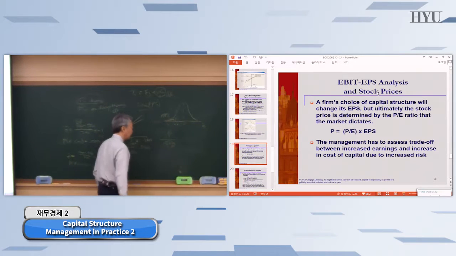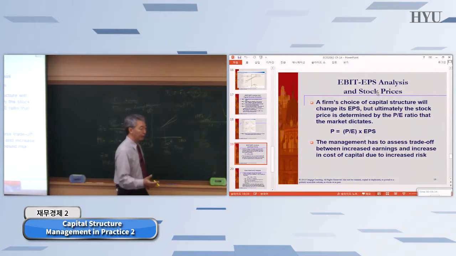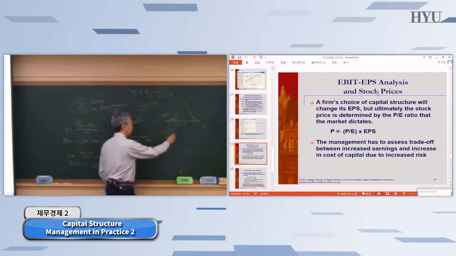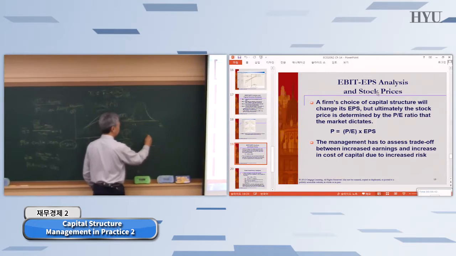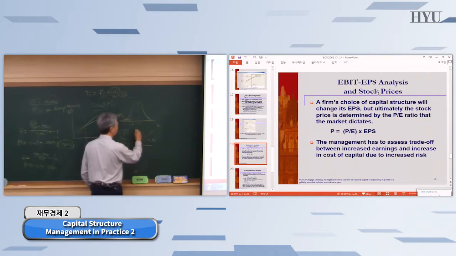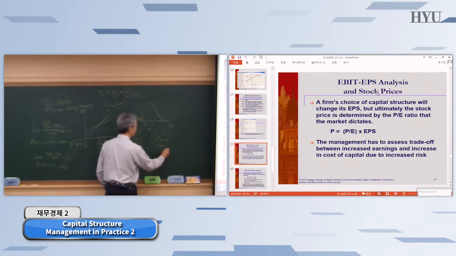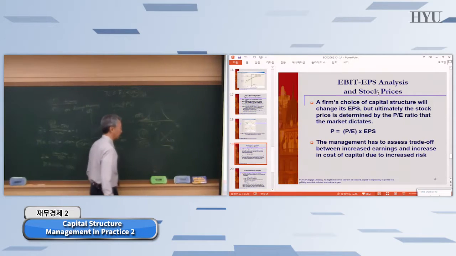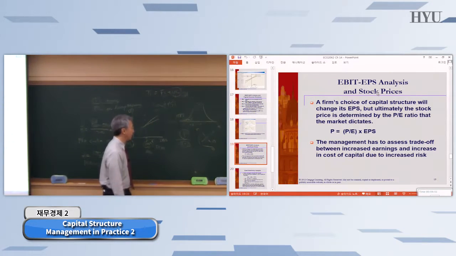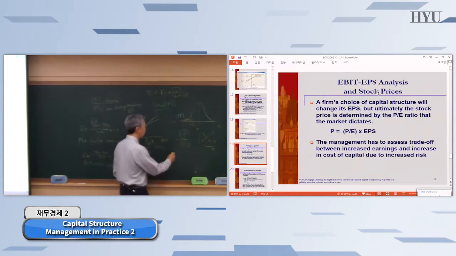EPS is determined by the profit condition, how much money the company made, and so on. But the price is determined by demand and supply in the market, the quantity of stock. So that is P/E ratio.